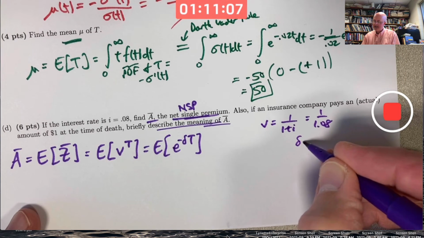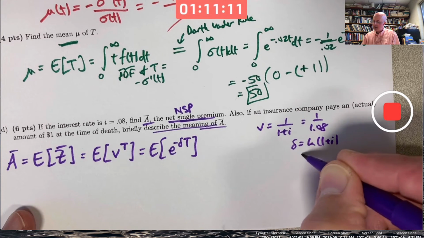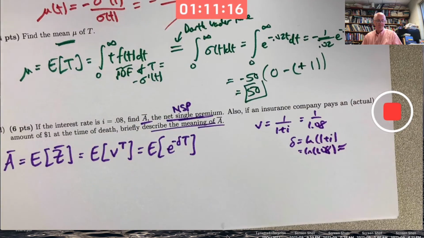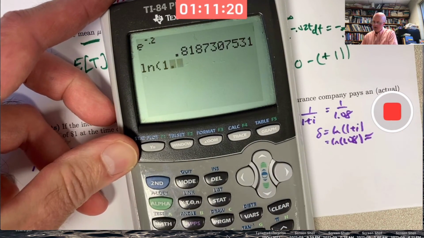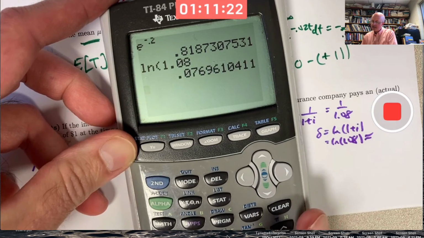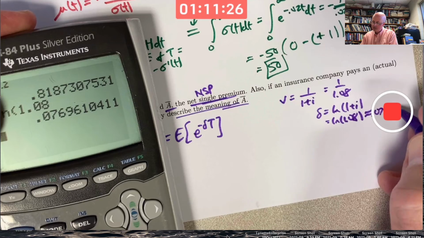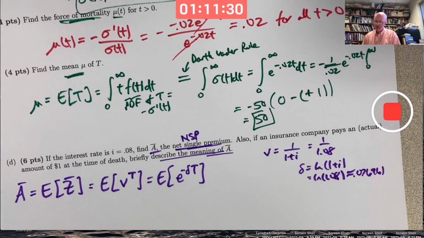And delta is the natural log of 1 plus i, natural log of 1.08, and that'll be approximately 0.076961. Delta is called the force of interest. You could also call it a continuous interest rate if you liked.